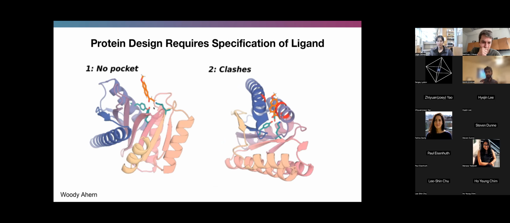So they don't really have good shape complementarity to the molecule. And the second, which is even more problematic, is that the backbone just clashes with where your molecule would go, right? Or where you intended your molecule to go. So you really need to have some sort of understanding of what is the small molecule or ligand that you're trying to bind to create these kind of ligand binding proteins with the latest tools that we have.